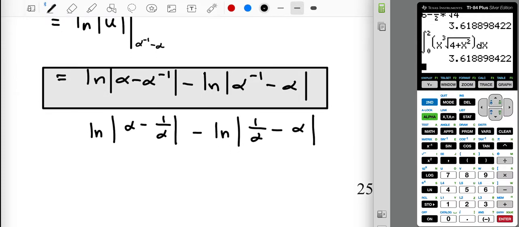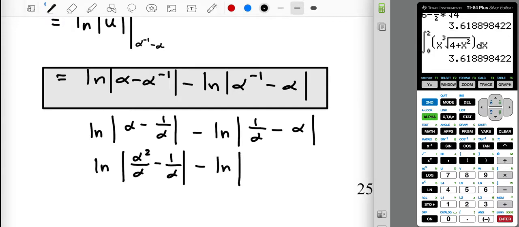All right, so if you get a common denominator, we're looking at ln of alpha squared over alpha minus 1 over alpha, minus ln of 1 over alpha minus alpha squared over alpha.